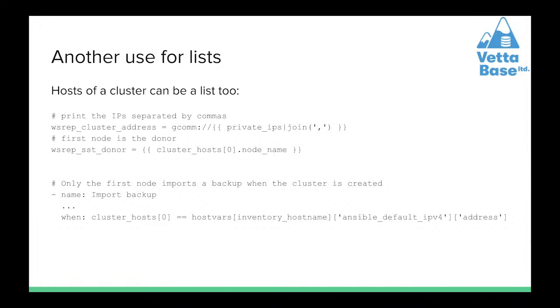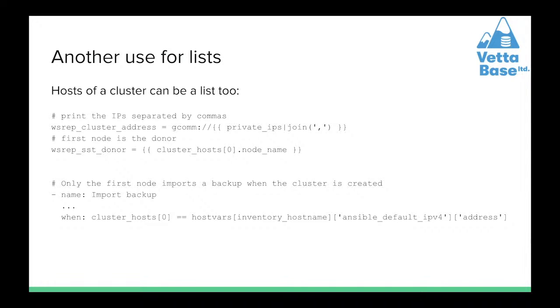So here I show another possible use for lists, and the use is, well, we can have a list of the IPs of the servers that compose a Galera cluster.